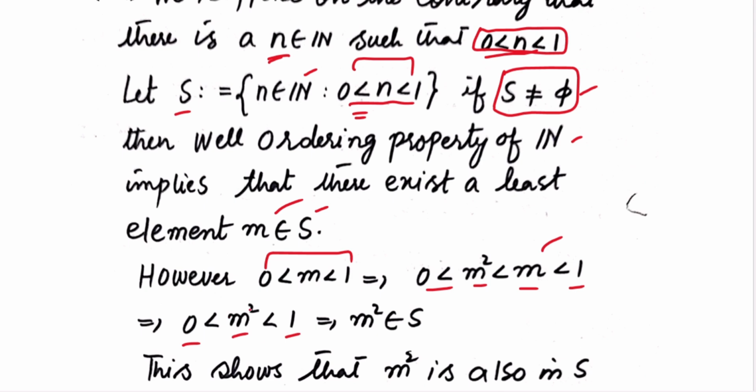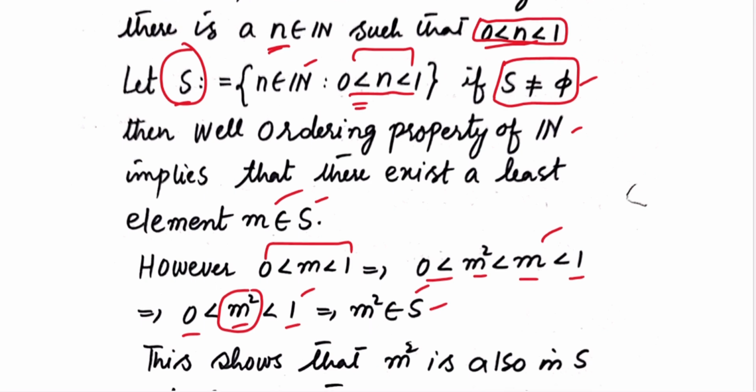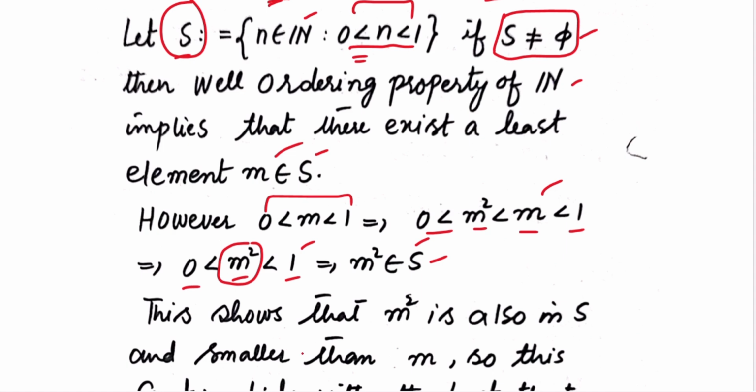It means m square is also an element of S, because in S all those elements exist that lie between 0 and 1. So here m square also lies between 0 and 1. This implies m square is an element of S. This shows that m square is also an element of S and smaller than m, because from this inequality you can see that m square is less than m.